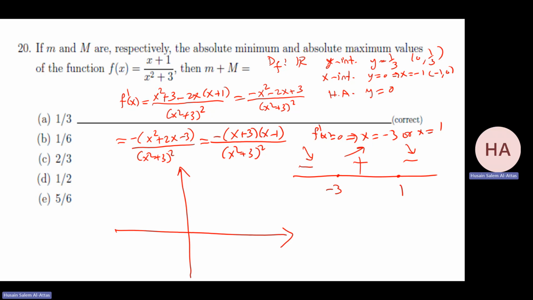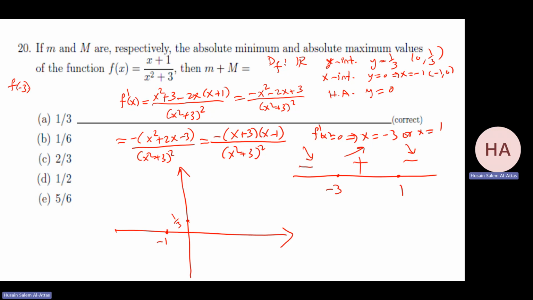Okay. So now I have (0, 1/3), which will be somewhere here. I have (-1, 0). I have the horizontal asymptote, the x-axis. And f of minus 3 is what?